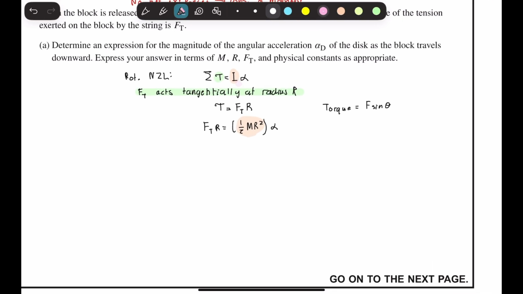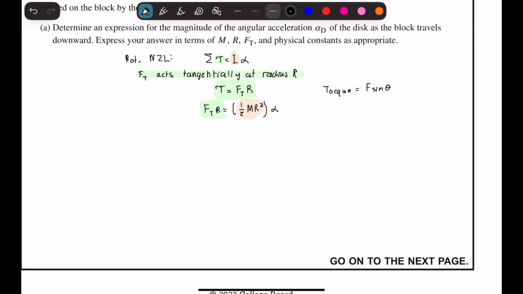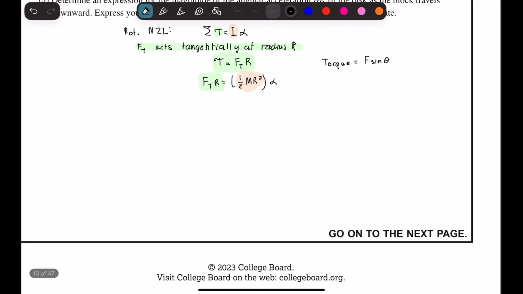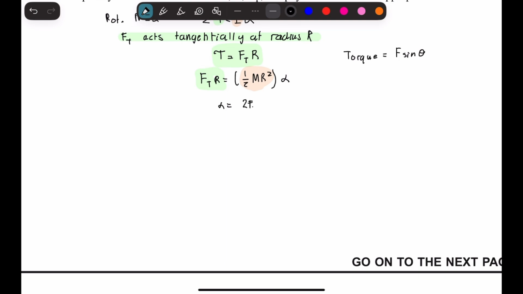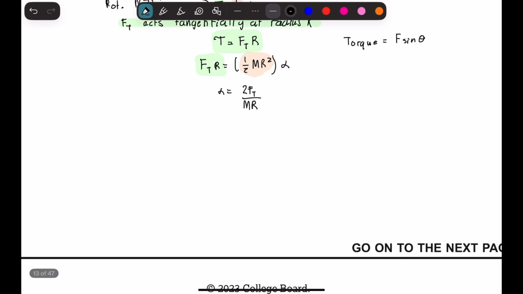And then torque is equal to this whole expression right here. So now we can solve for the angular acceleration. That's just going to be equal to 2 Ft over m r. And then you would box this.